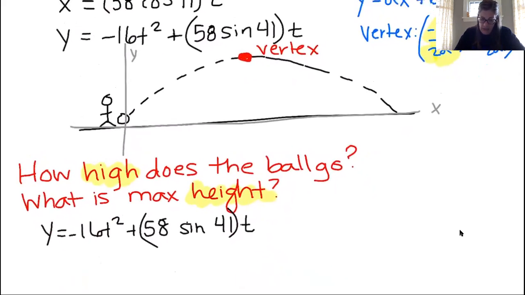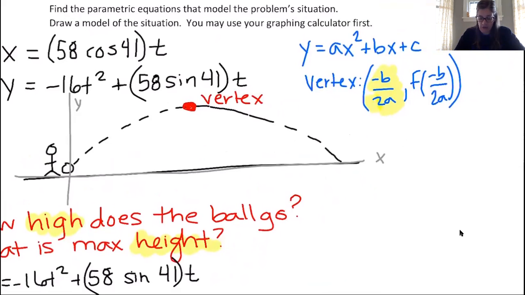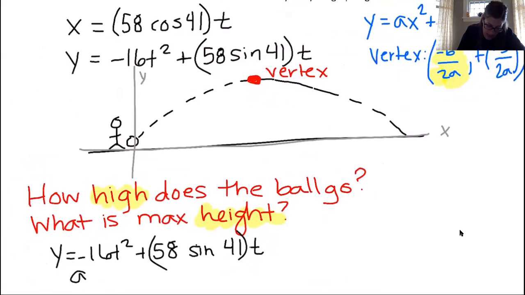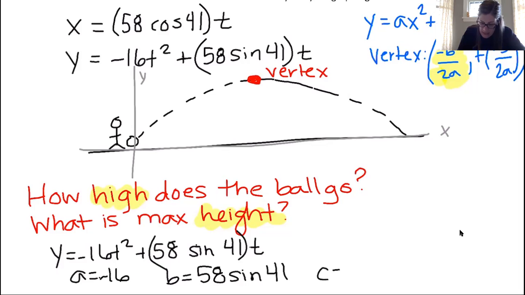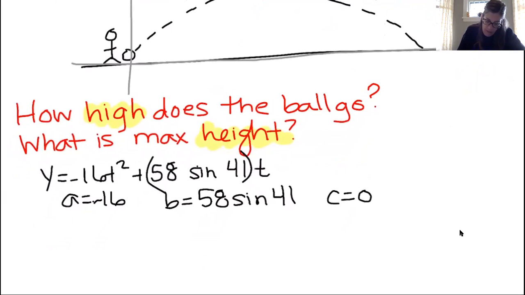And we can think about it like our ax squared plus bx plus c over here. Okay, a is negative 16. B is that 58 sine 41. And then C must be 0. Of course, that was our initial height. So we want to find the max height. We first have to find when the ball reaches its max height.